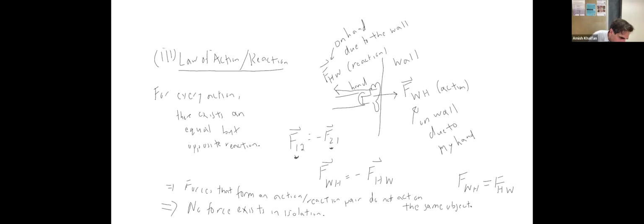If you consider a bird, the bird displaces air with its wings downward. So there's a force on the air due to the wings of the bird downward. That's the action. The reaction is the air exerting a force back on the wings, up, and that's how the bird achieves lift and flies about.